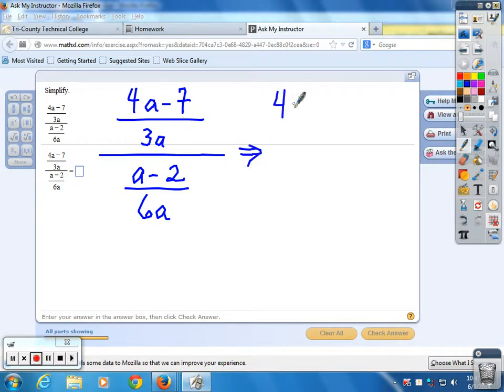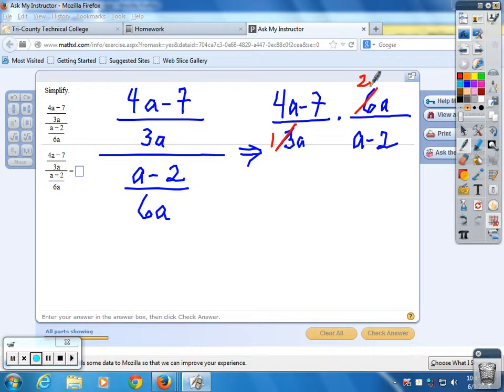So 4a minus 7 over 3a multiplied by 6a over a minus 2. And we take our red marker. 3 will go into 3 one time. And 3 will go into 6 two times. What happens to the a's?